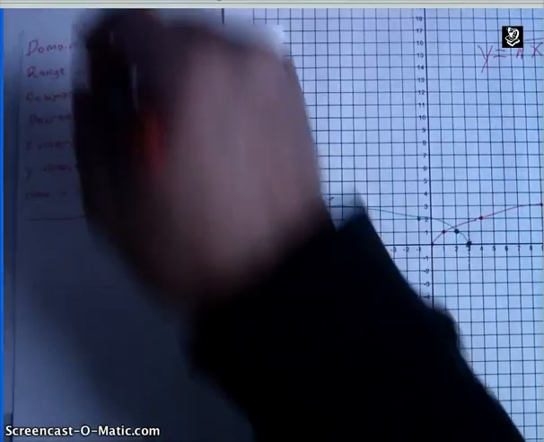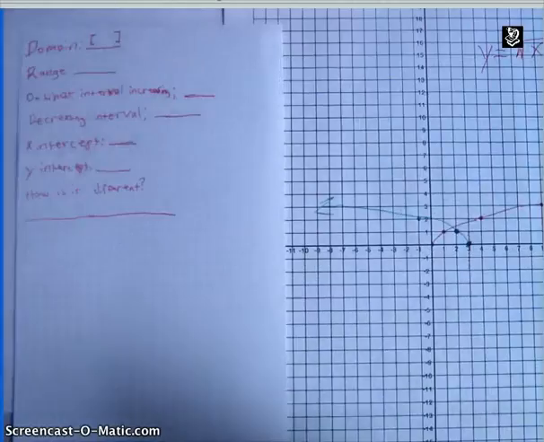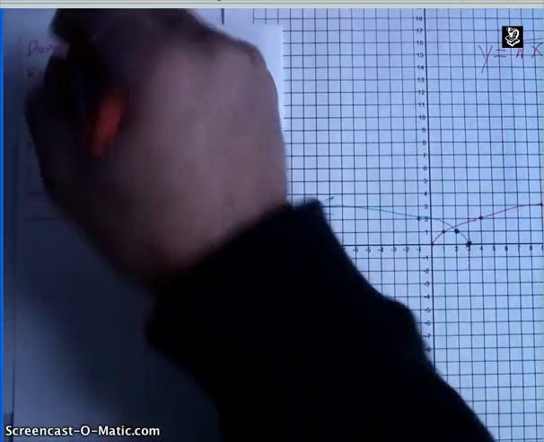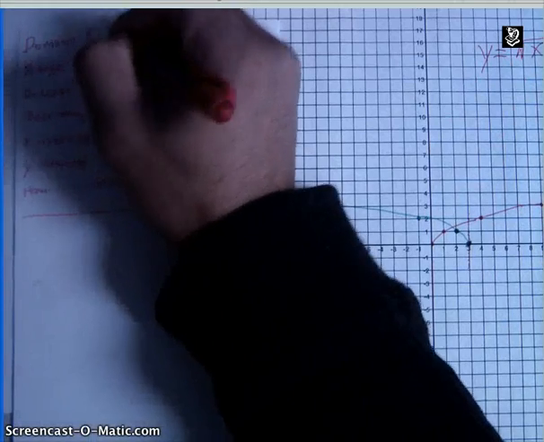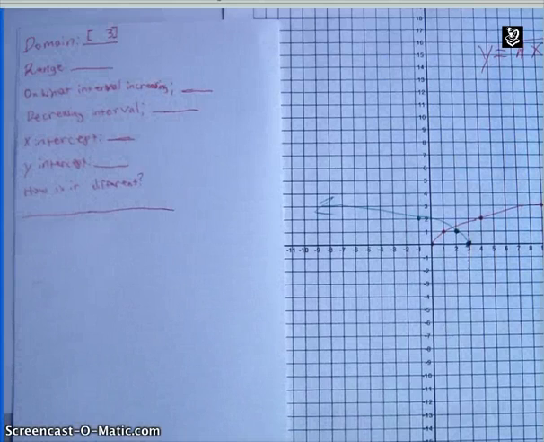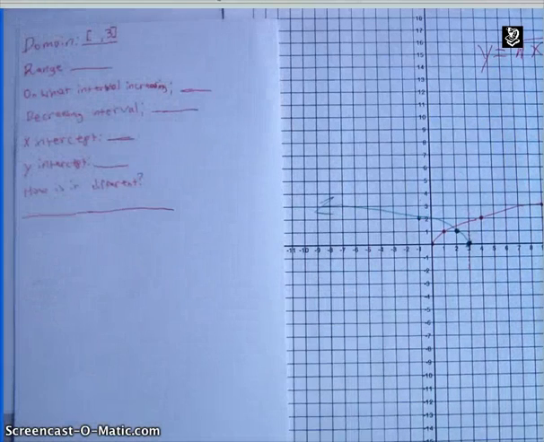The only limitation that we have on this graph is this point right here, and my x value here is 3. But notice it's farther to the right than the rest of my graph.